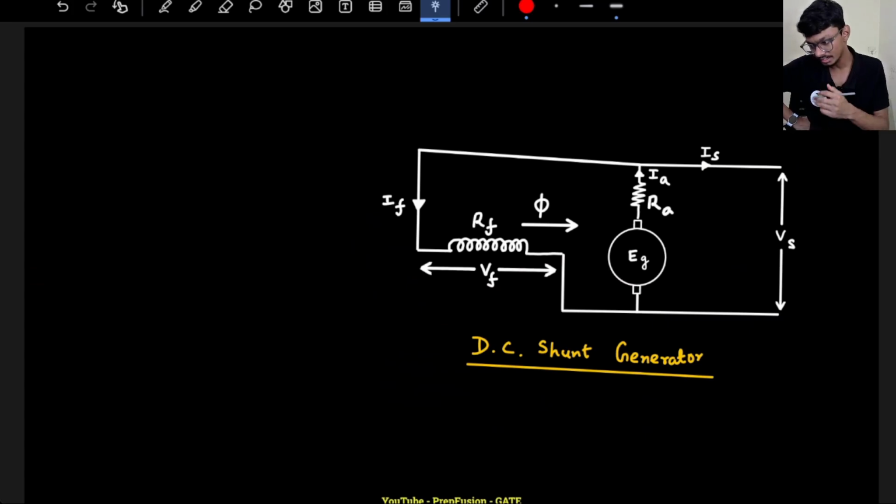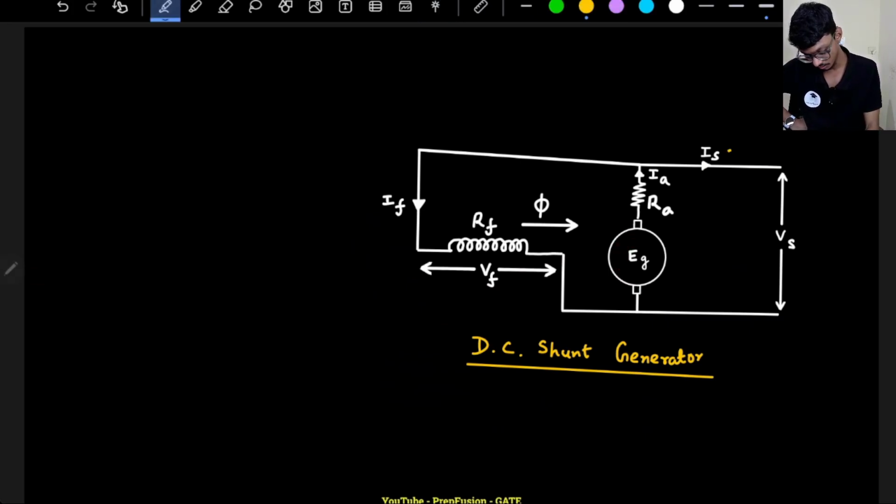What is open circuit characteristics? Where load current is not there, so IL equals 0, and my IA armature current will be the field current. Now the thing that we discussed previously, that there has to be some residual flux that will generate the voltage. Previously, in the separately excited machine, when plotting the internal load characteristics, I told you that the residual flux was not enough to overcome the brush drop.